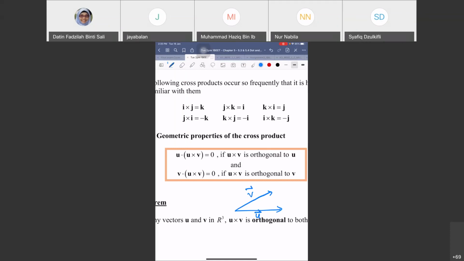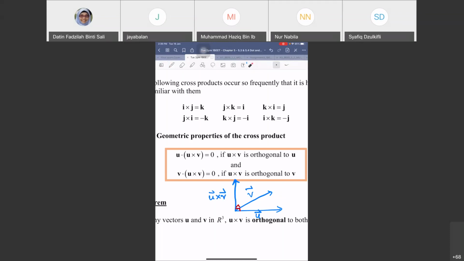The cross product is the one pointing upward like this. This is our u cross v. So indeed, this u cross v is making 90 degrees to both vector v as well as vector u. So they are orthogonal.